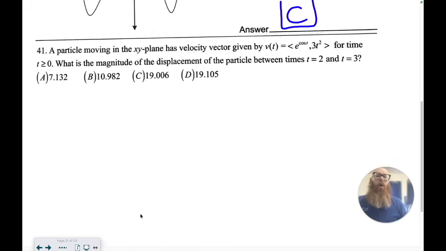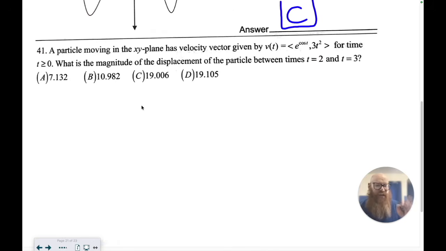But when the velocity is always positive, that means it's only moving in one direction. So the magnitude of the displacement is equal to the total distance. And that's important because if we look at this, e to anything is positive and t squared is always positive. Because of that, we can treat this like a total distance problem.